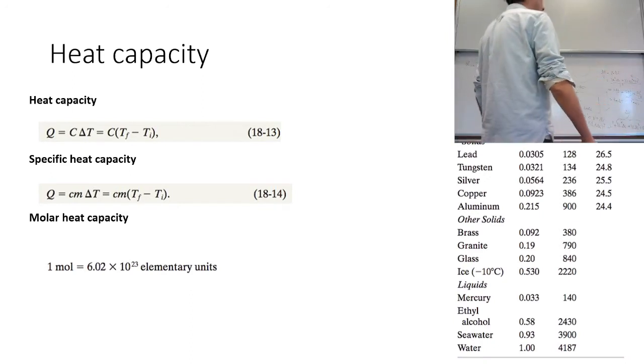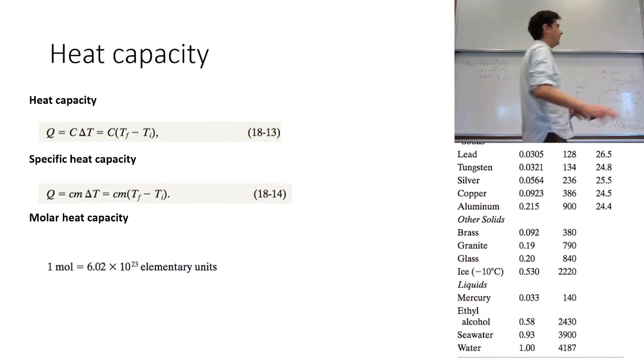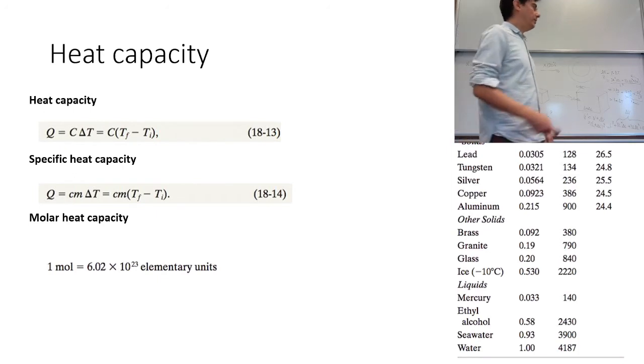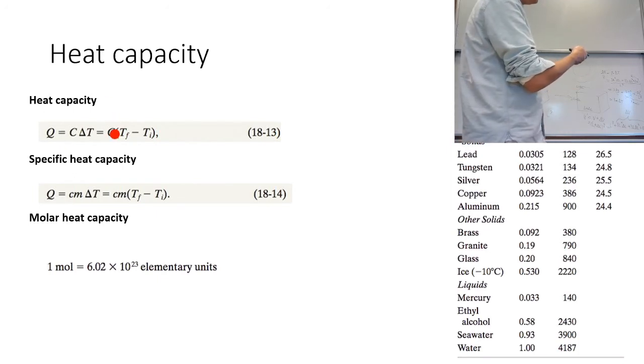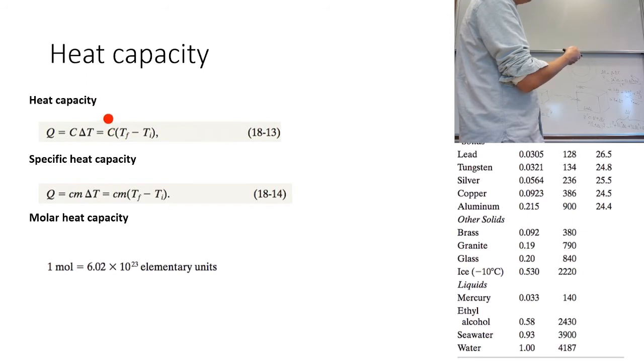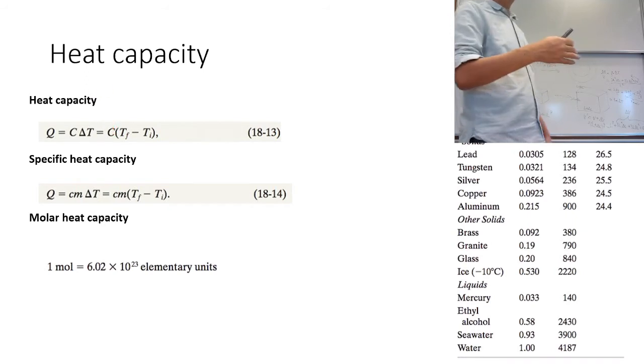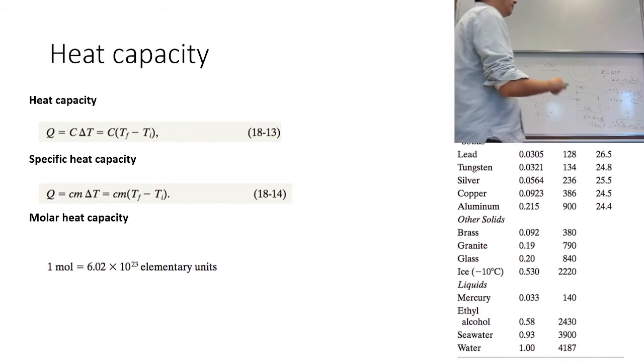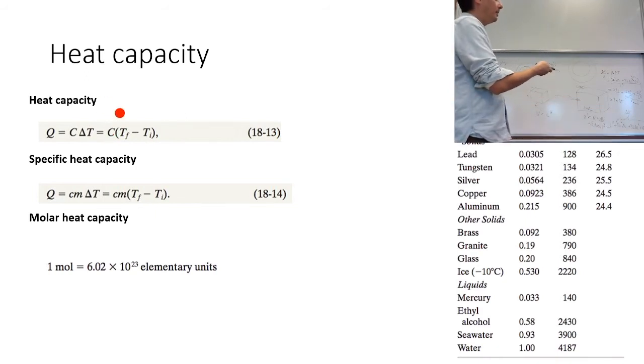So say this table has a heat capacity of so many joules per degree, and if you wanted to work out how many joules it would take to raise it by 10 degrees, you would multiply the heat capacity by a change of 10 degrees, and that would be the amount of heat that you would need.